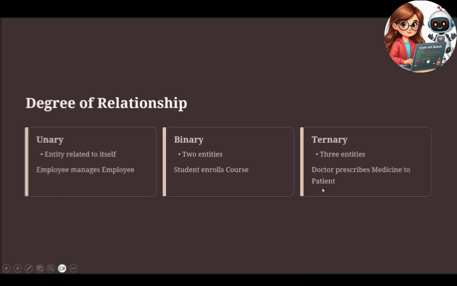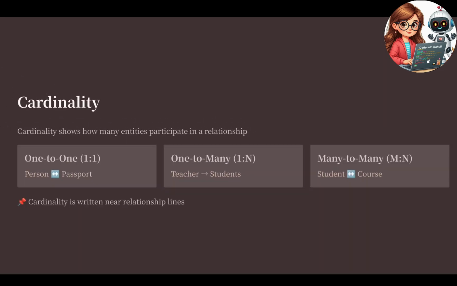Next, as I said, we will be learning about cardinality. Cardinality shows how many entities participate in a relationship. So one to one, person to passport. This is an example of one to one. Then one to many. There is one teacher in a classroom and there are many students, right? Teachers also can be many, but we are just taking an ideal example of a classroom.